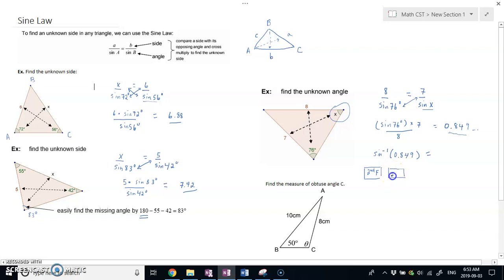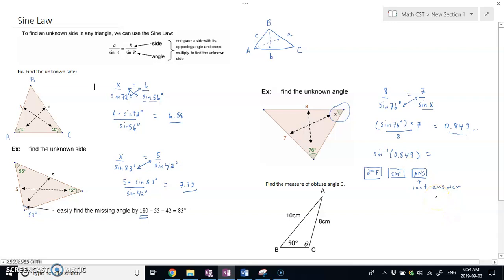So that'll get you your sine -1. And then your next button, if you have a calculator like a Casio, would be the button that says ANS. And ANS means your last answer. It keeps all those decimal places in there.